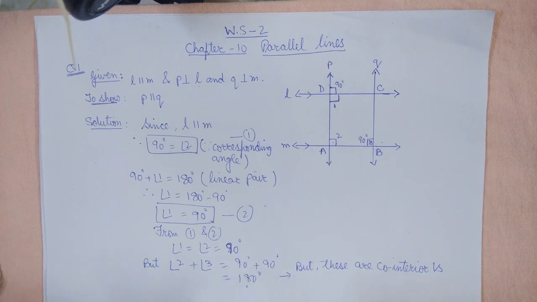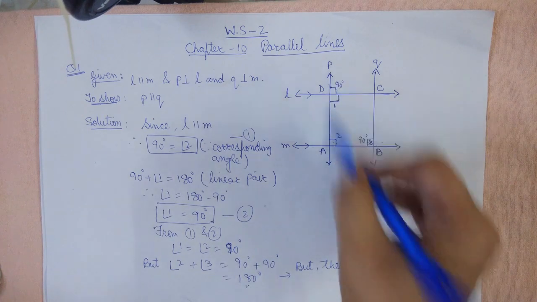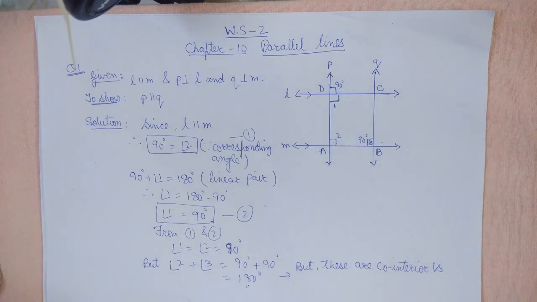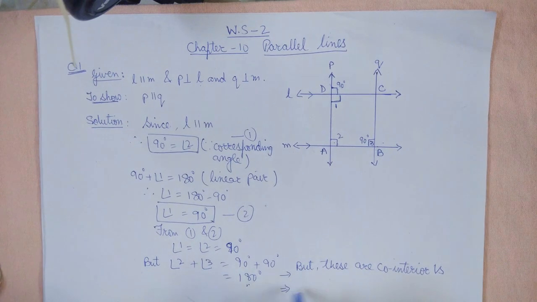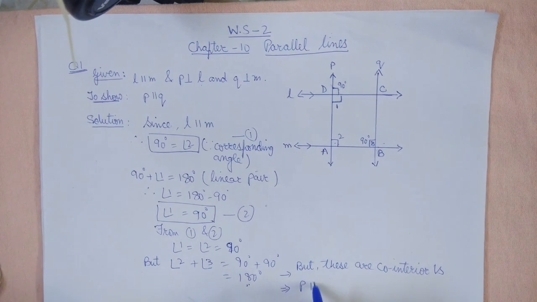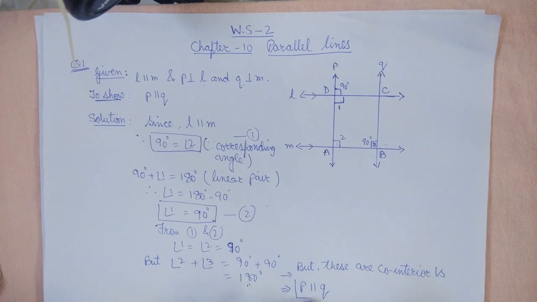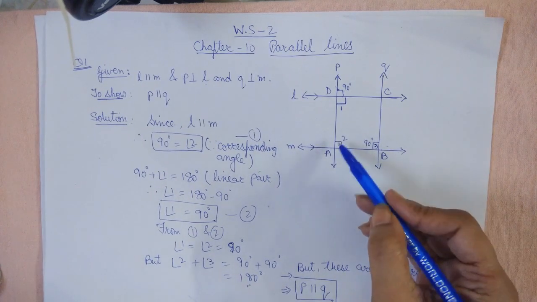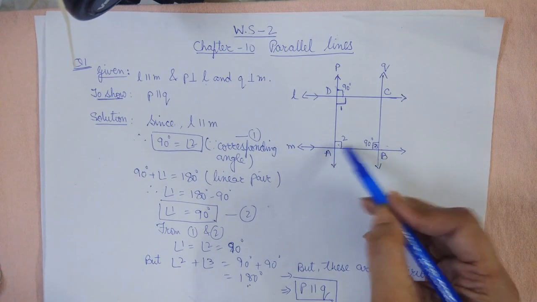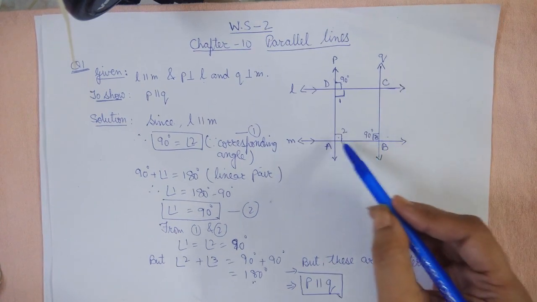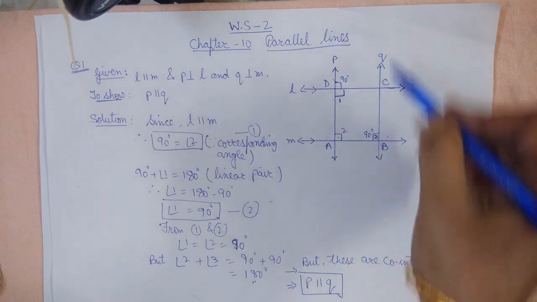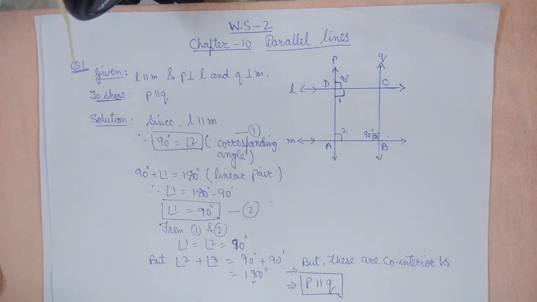If the sum of the co-interior angles is 180 degree, then what type of lines are these two? Then the lines are parallel. So this implies P parallel Q. Because the co-interior sum is 180 degree, therefore these two lines, line P and Q, are parallel to each other.